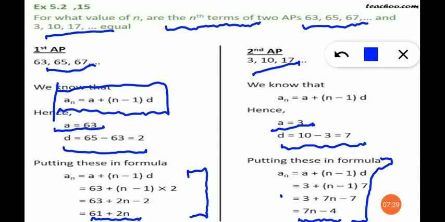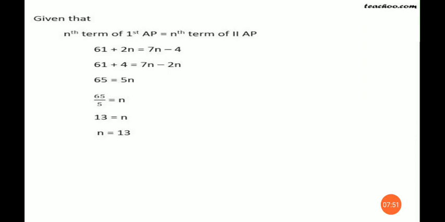According to the question, both the an are equal. So what can we say? We can say that 61 plus 2n is equal to 7n minus 4. The nth term of the first AP is equal to the nth term of the second AP. It is given.